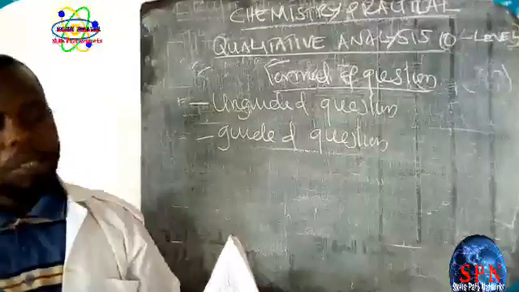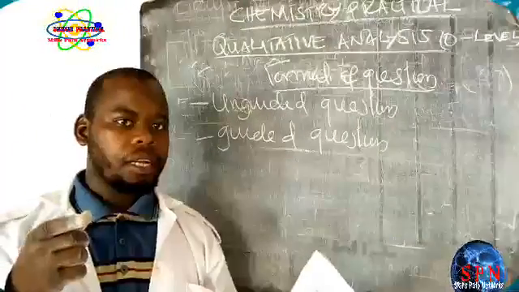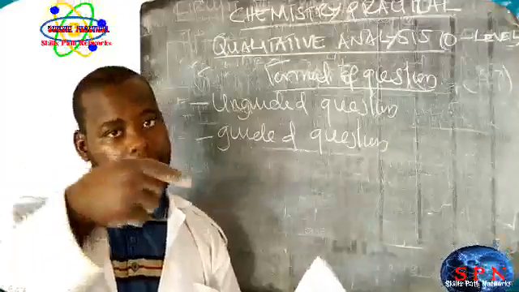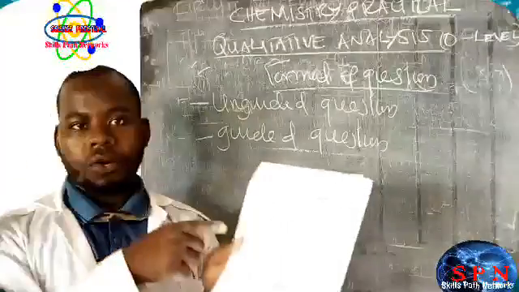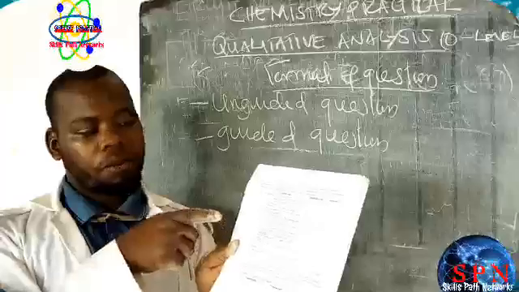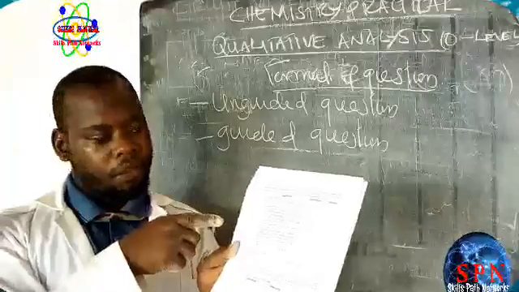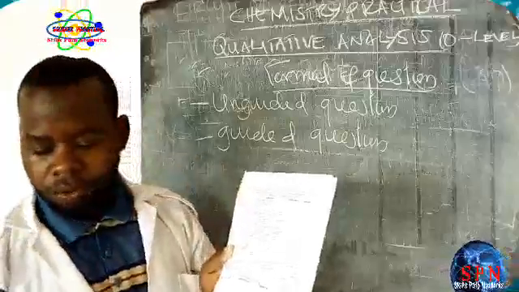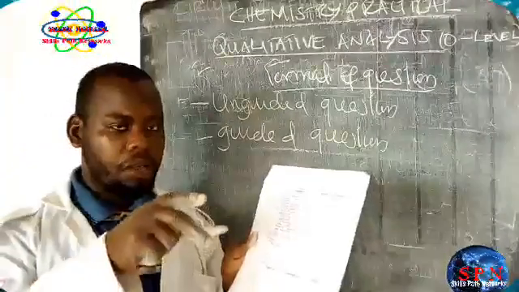So first, your eye is supposed to look at the question paper, what you are going to perform. Then here is the appearance of the sample, so I look at the observation of the sample.